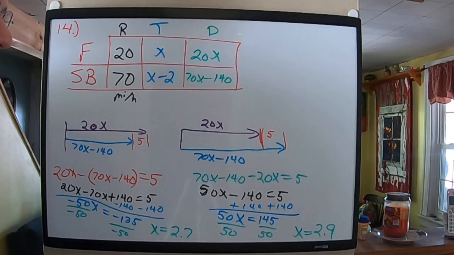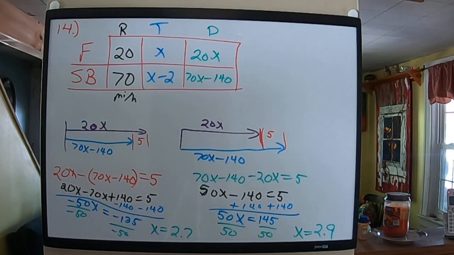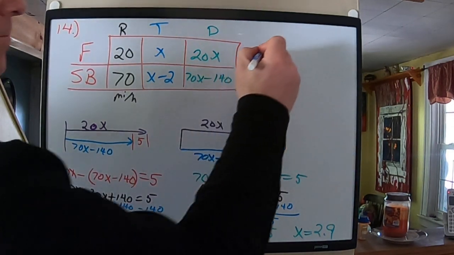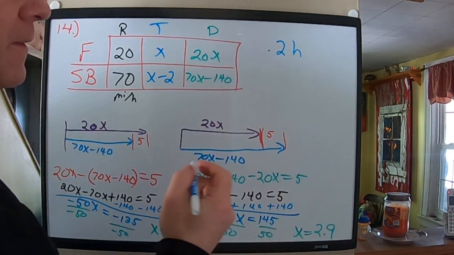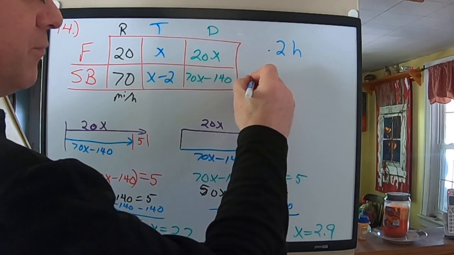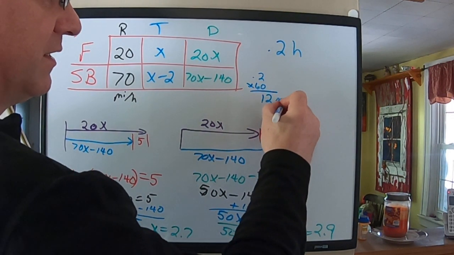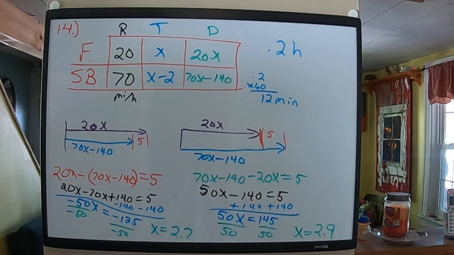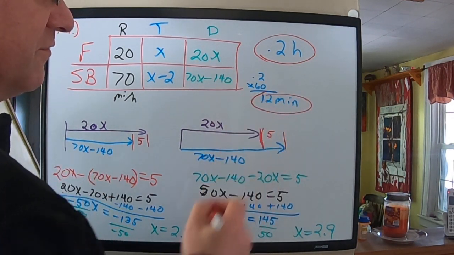And at 2.9 hours is 5 miles past. So that's 2/10 of an hour, 0.2 hours. Or even better, you can say 0.2 times 60, or 12 minutes. So either one of those would be an acceptable answer, either 2/10 of an hour or 12 minutes.